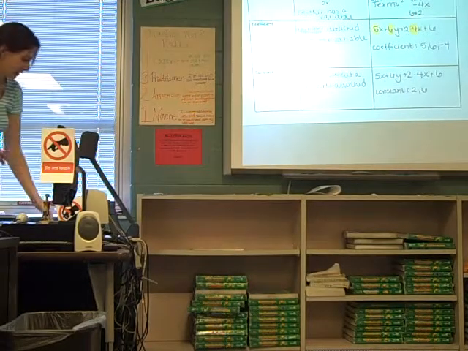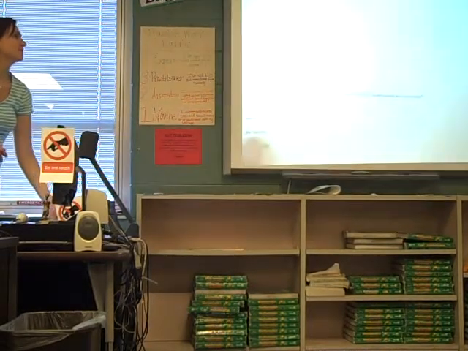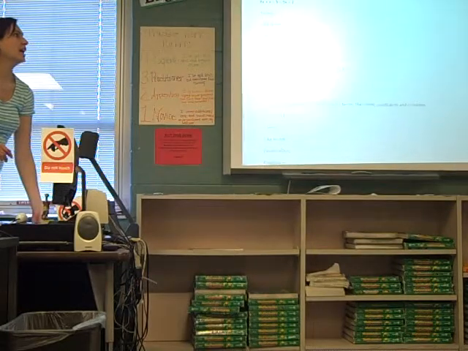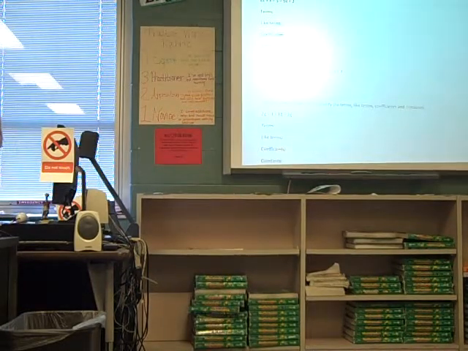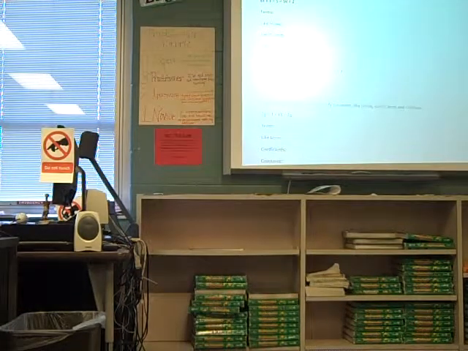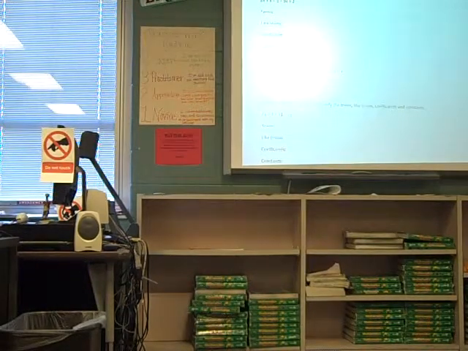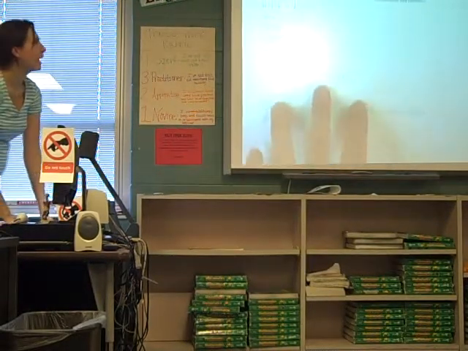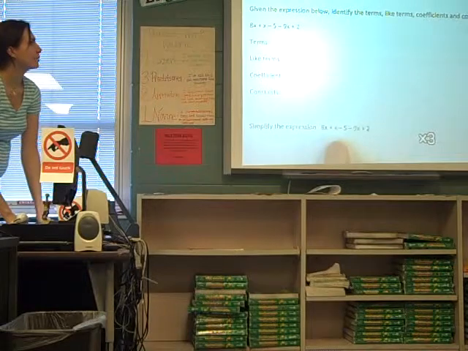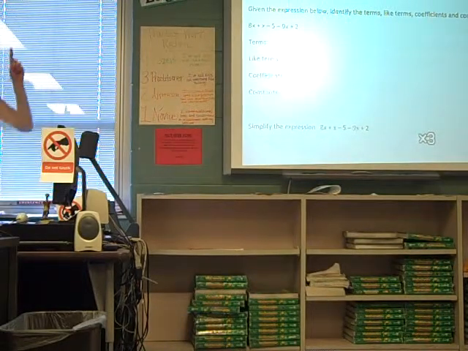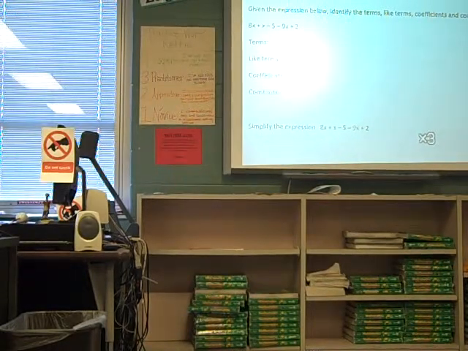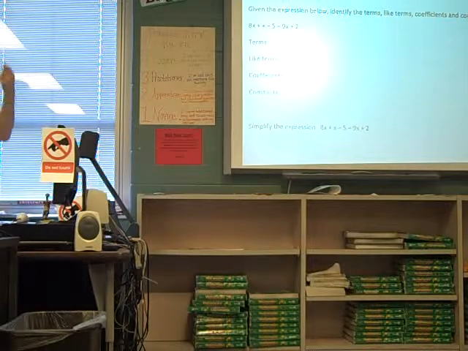Thank you. So if we turn the page, there are a lot of examples that are going to help us do this. So again, I'm going to show you how this works. Up at the top, it says, given the expression below, identify the terms, like terms, coefficients, constants. I'm going to walk us through one, and then I want you to try one on your own.